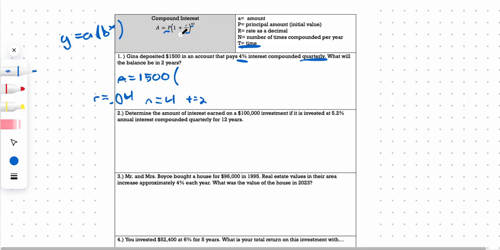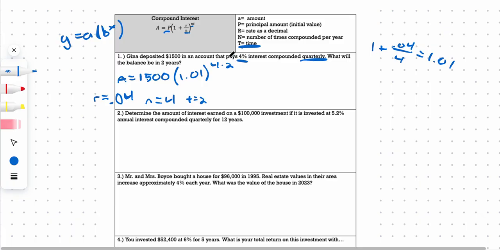Okay, so here we have 1 plus r over n. 1 plus r is 0.04 over n, which is just 4. So this comes out to be 1.01, right? 0.04 divided by 4 is 0.01. So 1.01, let's plug that in here. And then our n, like we said before, is 4, right? We're compounding this quarterly, 4 times each year, times t, which is just 2.